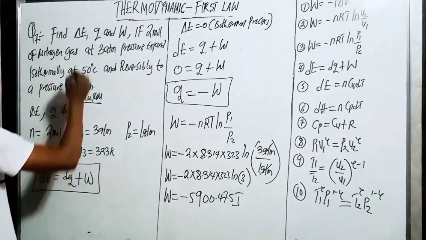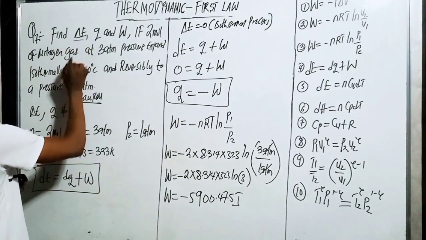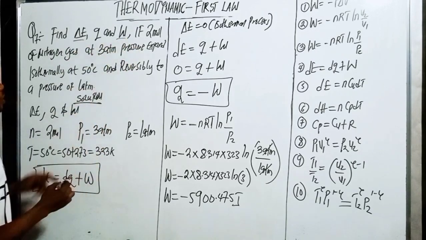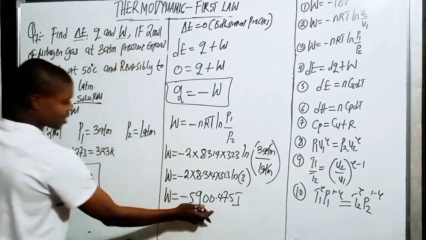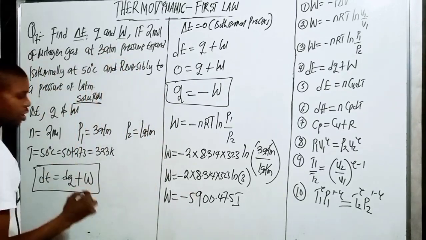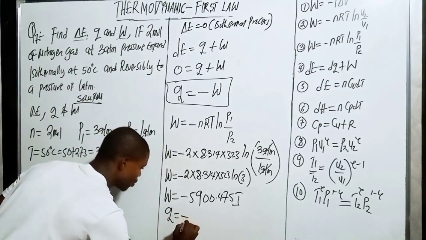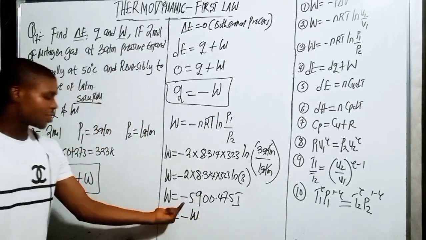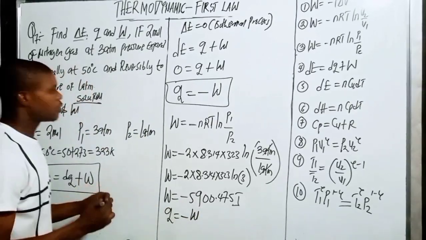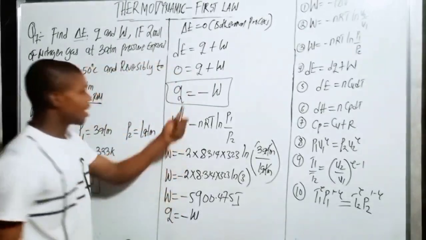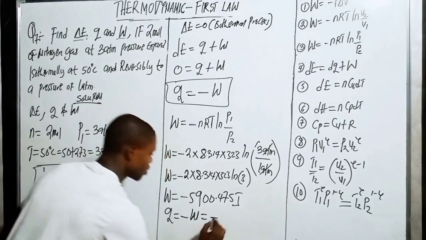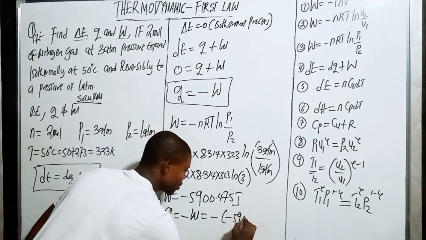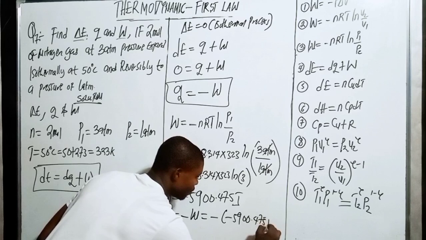So I'm going to find my delta Q, my delta E, and W here. Remember, Q is equal to minus W, right? W here is only minus 5900.475 joules.